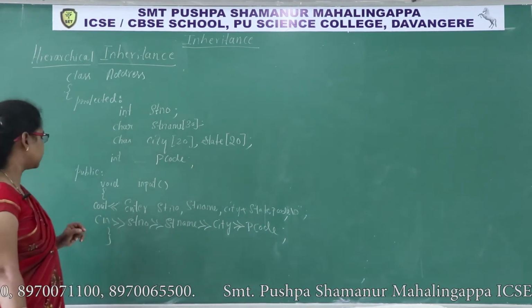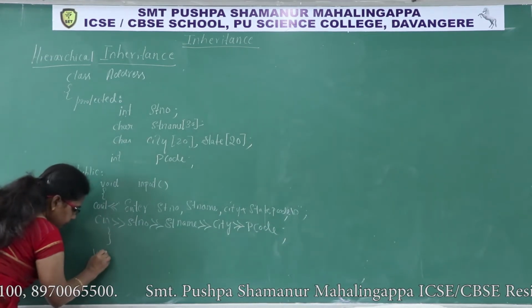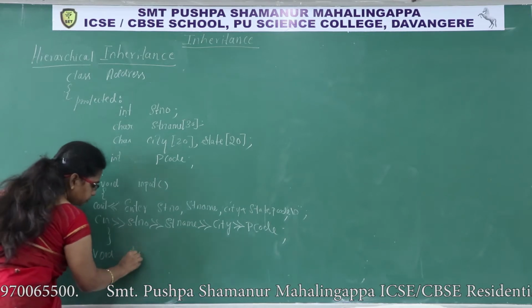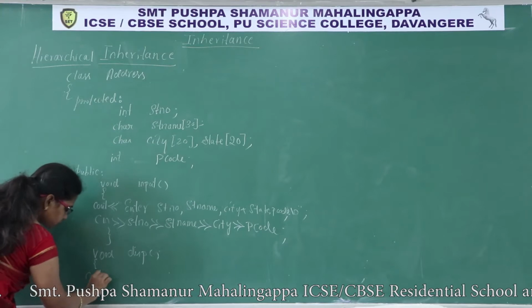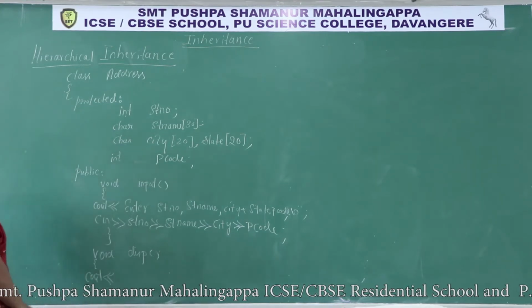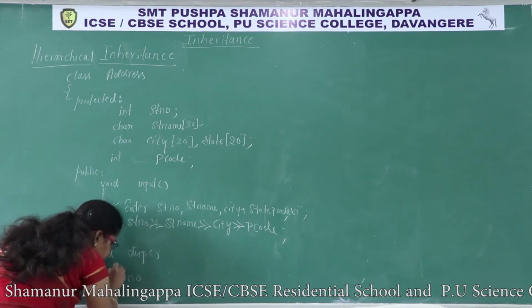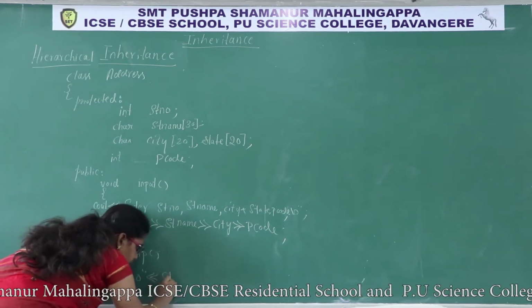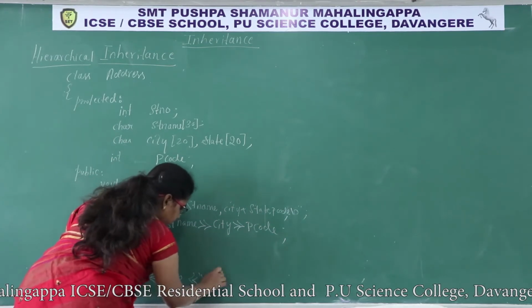One more function, display: void disp. Cout street number. In front of that, street number has to display. After that, I'll take the cursor to the next line.